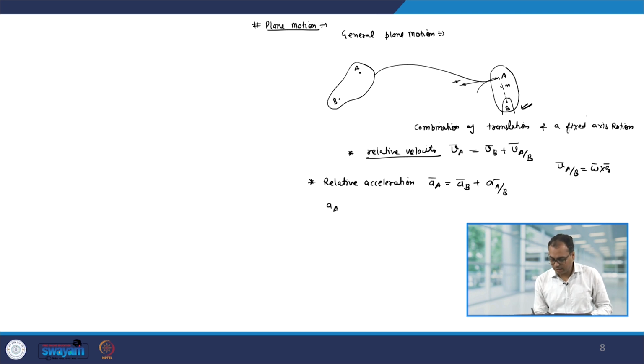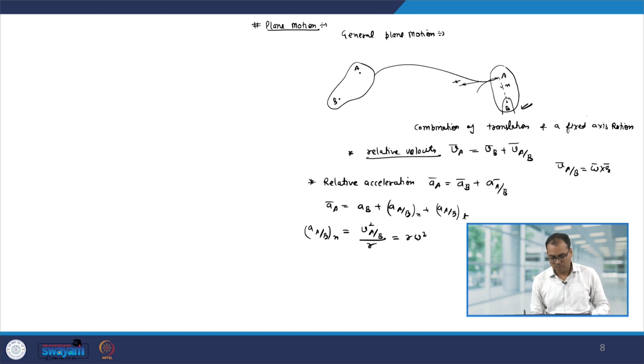Therefore, AA will be AB plus AABN plus AABT, and the value of the normal acceleration in fixed axis rotation is v square divided by r, or r omega square, where r is this distance. And AABT is r omega dot or r alpha.